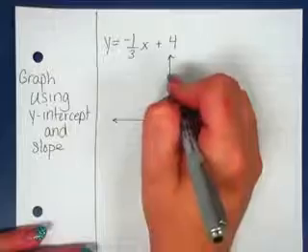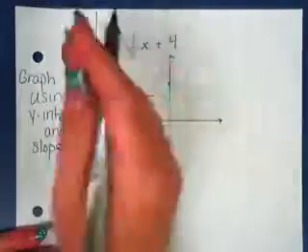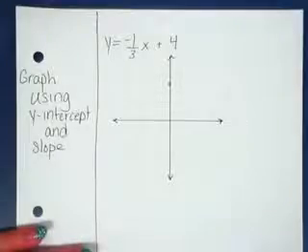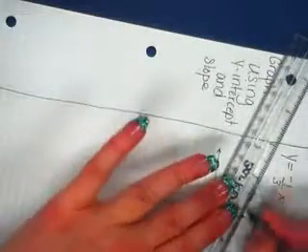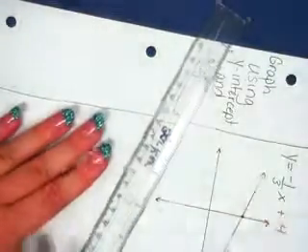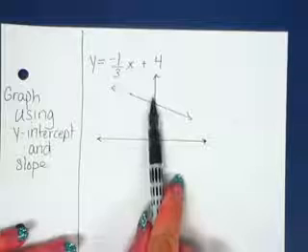So I'm going to go up 1, rise on top, up 1 over 1, 2, 3, because then I realize I'm going in the negative direction. That's why I always go up and then to the left when it's a negative slope, because that'll help me remember because I'm moving towards the negative side. So again, you can graph just using your y-intercept and your slope.